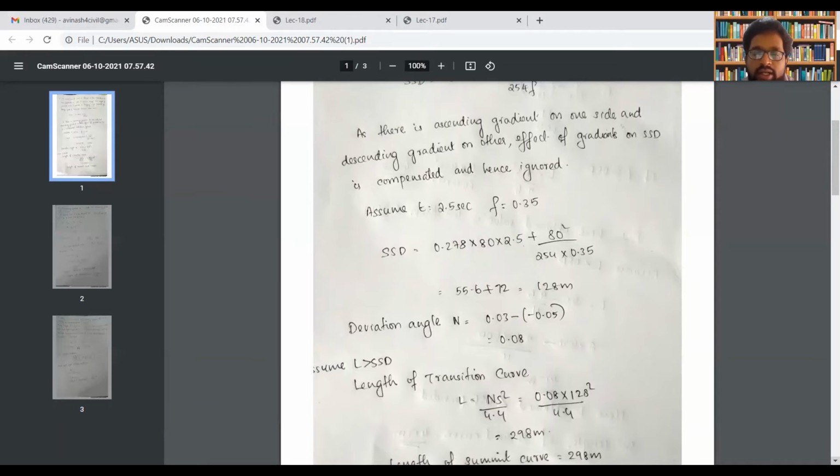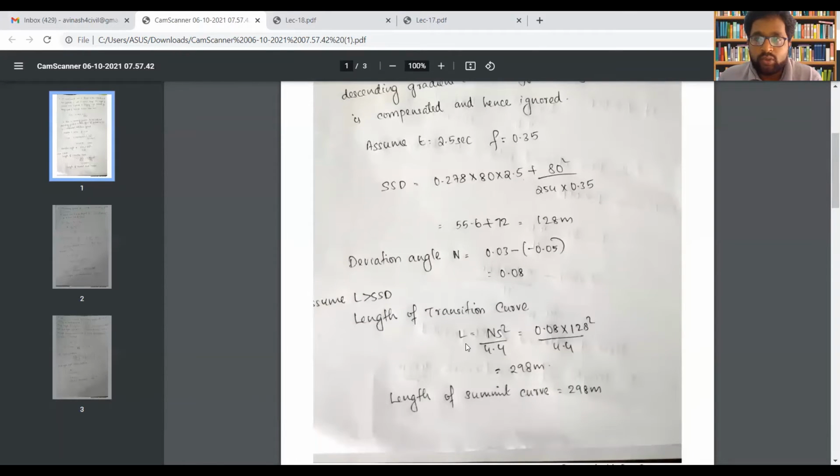Here you are assuming that length of transition curve L is greater than the stopping sight distance. So you have to use the formula L is equal to NS square divided by 4.4. So N 0.08 into 128 square divided by 4.4 will give 298 meter. So the length of summit curve is 298 meter.